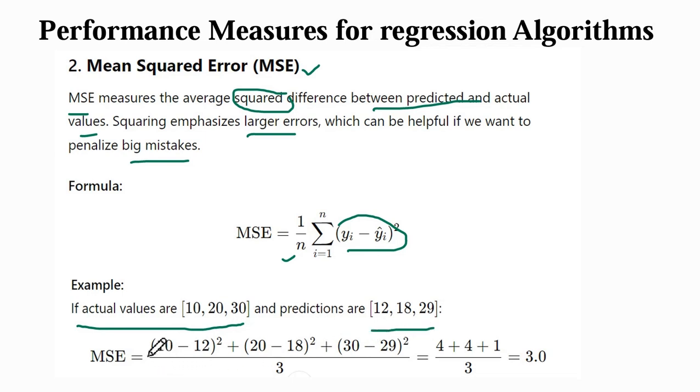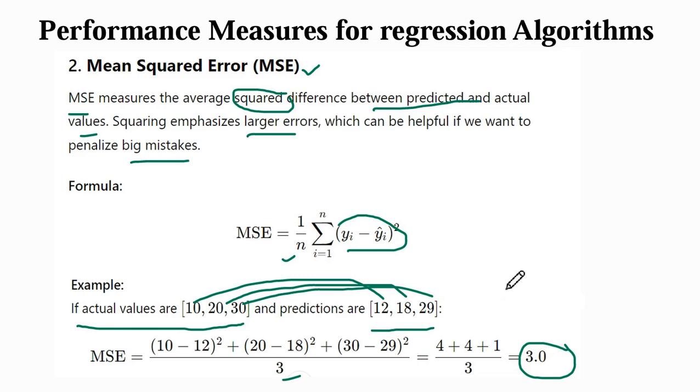Similarly, (10 minus 12) whole square plus (20 minus 18) whole square plus (30 minus 29) whole square, by the number of observations 3, equals 3.0, which is the mean squared error. Clear? So this is also one metric to evaluate the regression model, the regression algorithm.